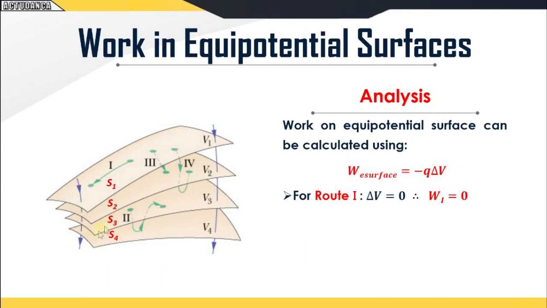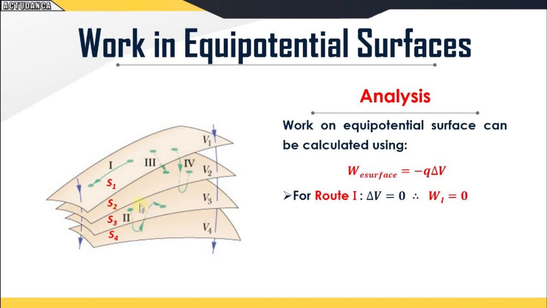Now, we have route 2. Tingnan naman natin ang movement ng charges sa ating route number 2. So in here, we have a starting point sa ating S3 and bumutas ngayon siya pababa and after niyang bumaba, nag-penetrate naman ulit ngayon siya pataas. Ang ending point natin or the final destination is also S3. And since katulad ng route number 1, ang ating final destination ay nasa surface 3 pa din.